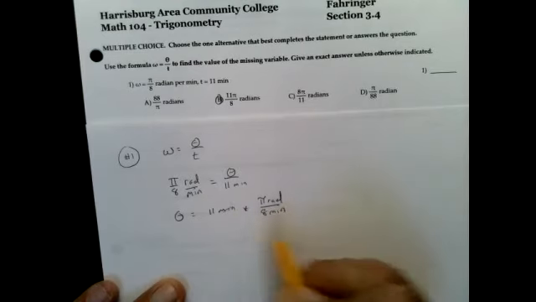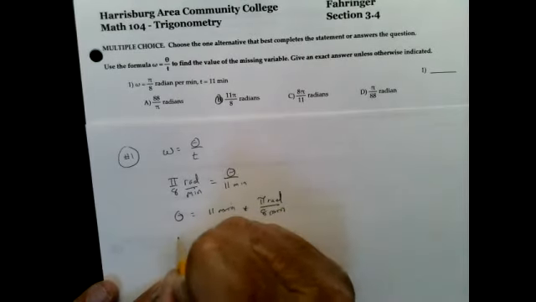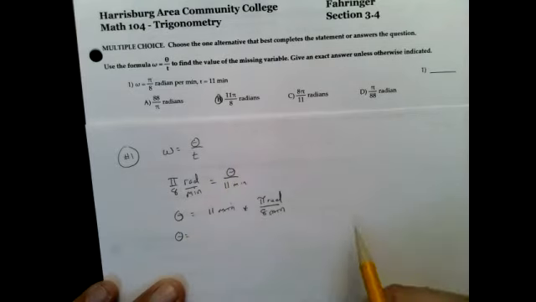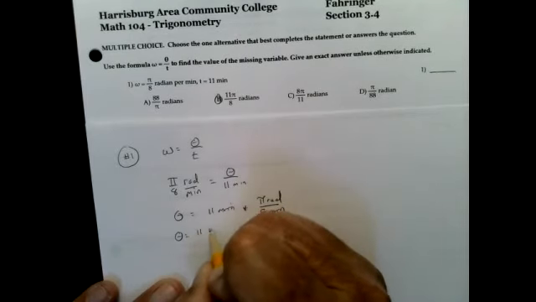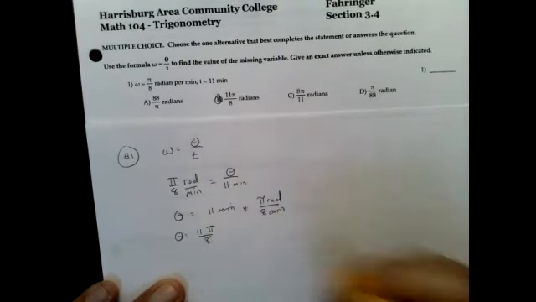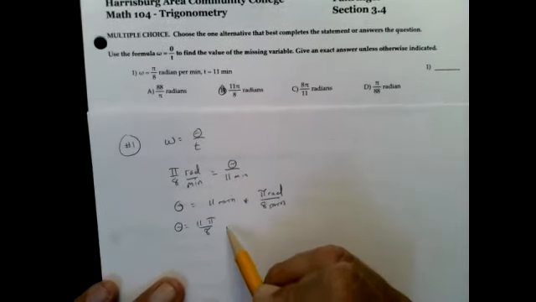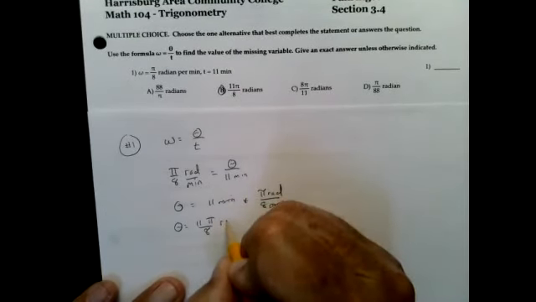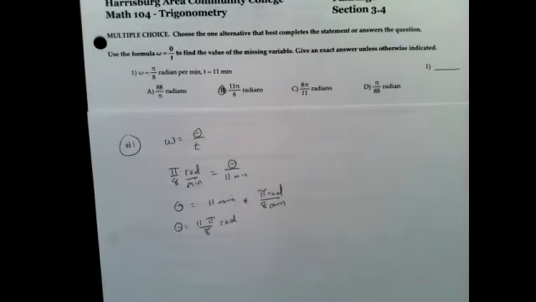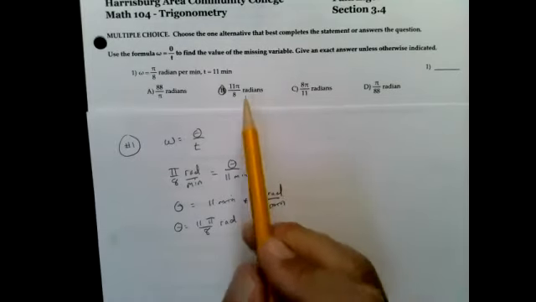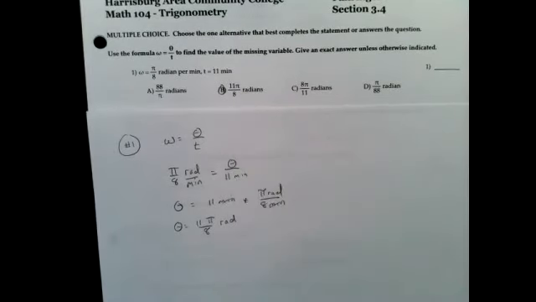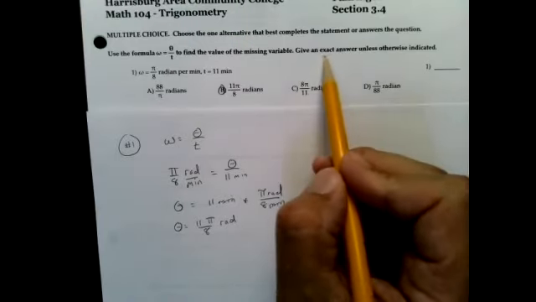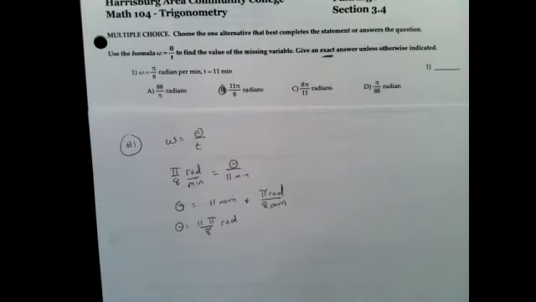The minutes cancel. I'm left with an angle measure theta that is 11 pi over 8. And again, I don't have to put the word radians in. If I don't, that's the default. And it does match my answer, 11 pi over 8. It gives me the exact answer.